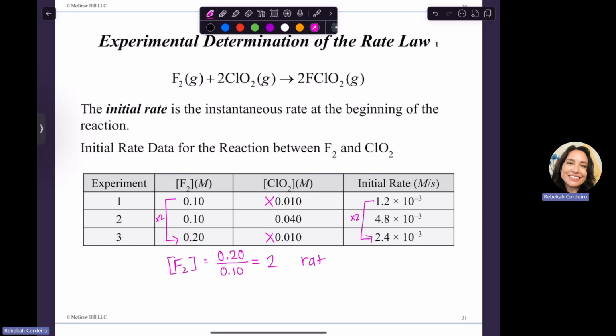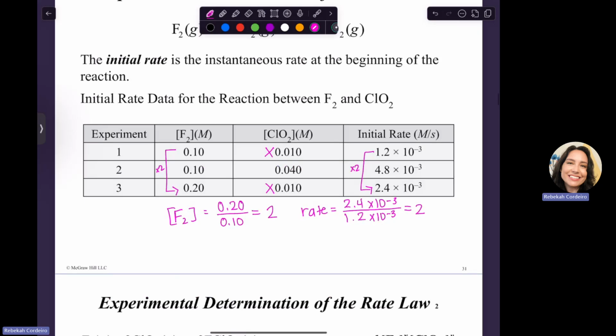Then for the rates, if you did experiment 3 for the top fluorine, you do experiment 3 for the top of the rate as well, whatever order you put them in. These are easy to see, of course it's going to be 2 because 2.4 divided by 1.2, but if you can't see that in the chart, this is a way for you to do it.